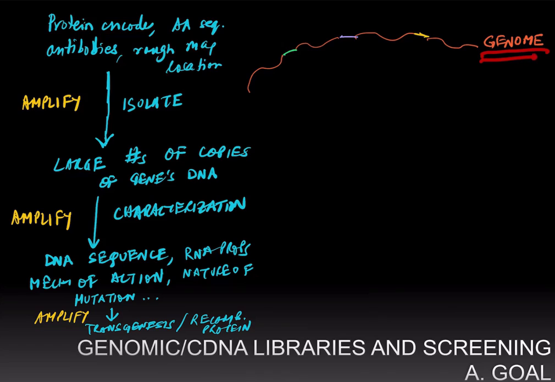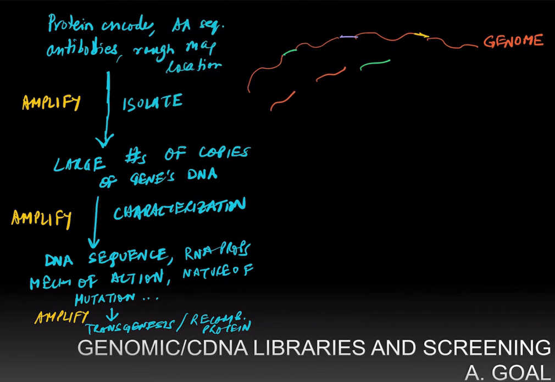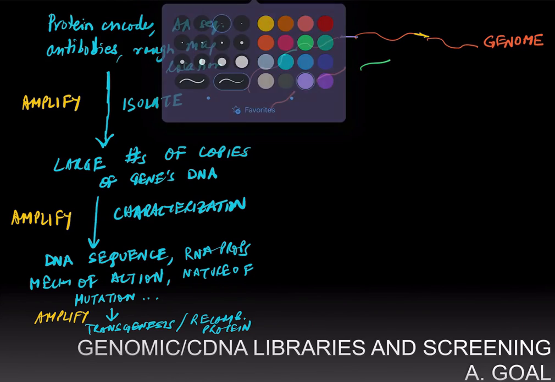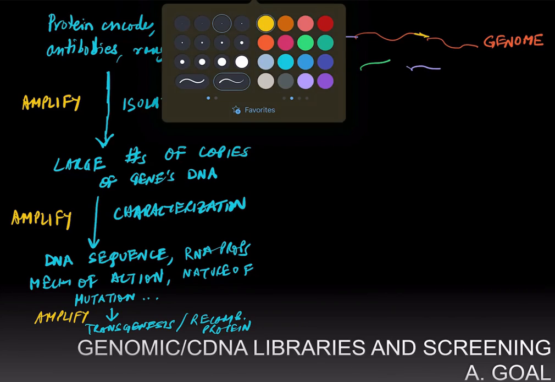So let's say we have the genome of an organism, and it contains several genes shown here in green, purple, and yellow. In the first step, we break up the DNA of the genome into different pieces. So maybe we have a piece that contains the green gene, and maybe we have a piece that contains the purple gene, and another one is yellow.